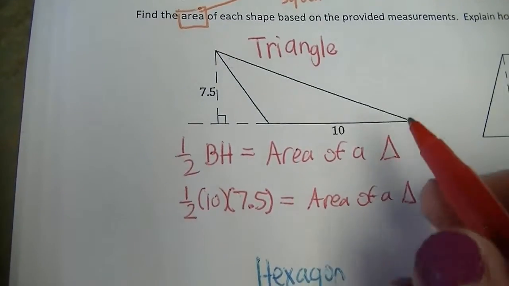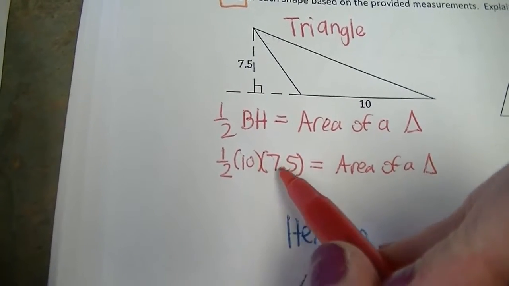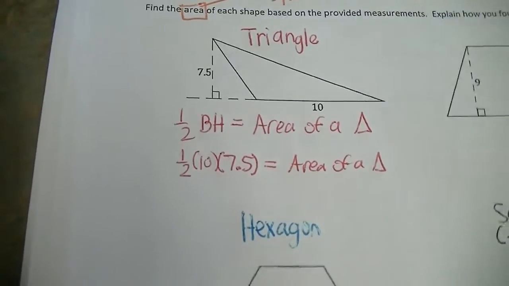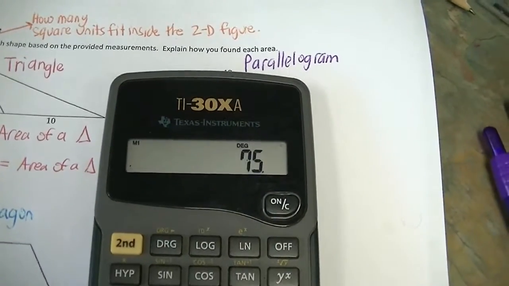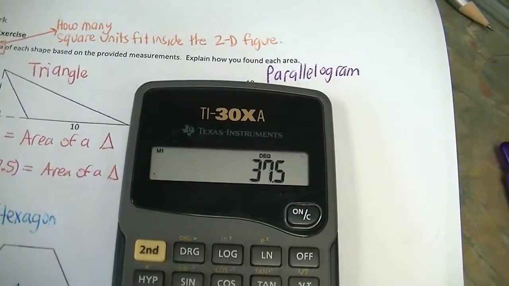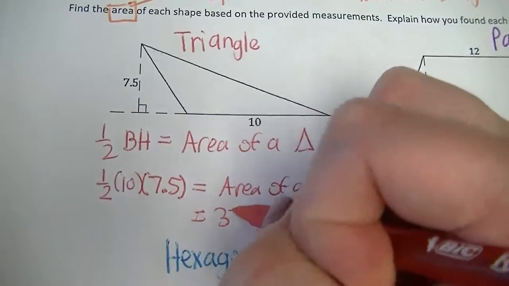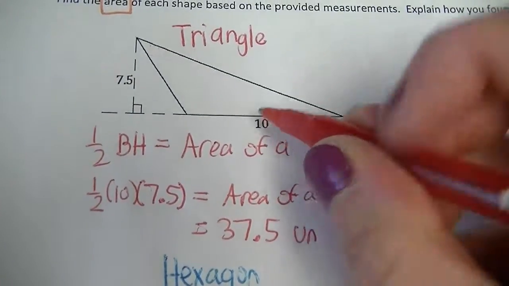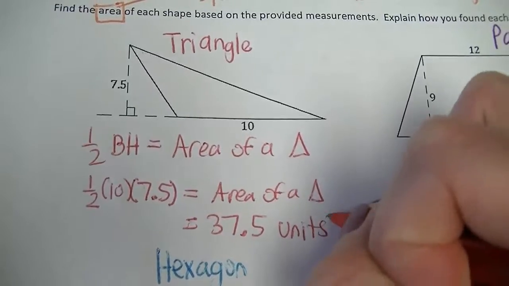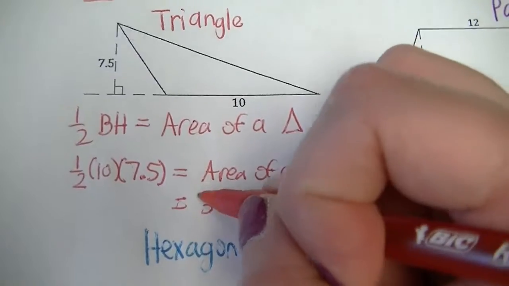So I'm going to do 10 times 7.5 and divide it by 2, and we get 37 and 5/10 units squared. The reason I'm using the word units is because it doesn't say centimeters or inches or anything like that. Or I could have also said 37.5 square units. Same exact thing.